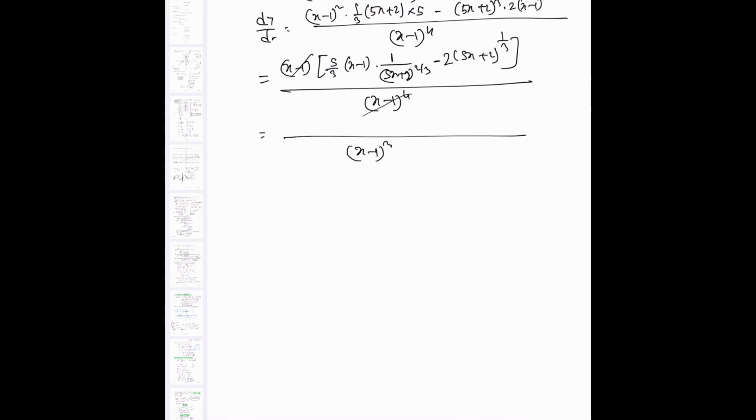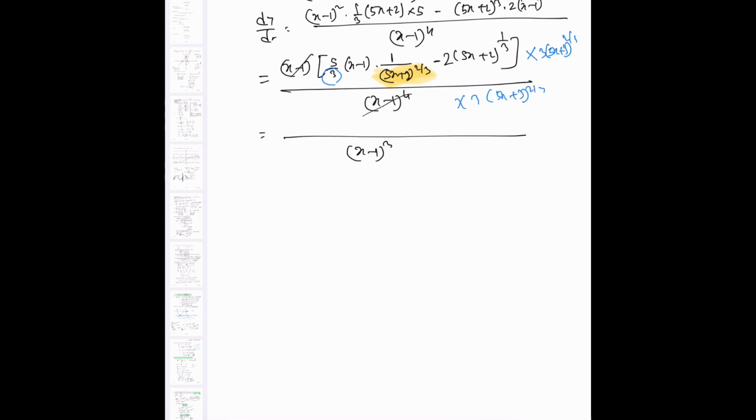Now check, the denominator is (5x plus 3) to the power 2 by 3. To remove that, multiply the numerator by 3 (5x plus 3) to the power 2 by 3, and the denominator also.